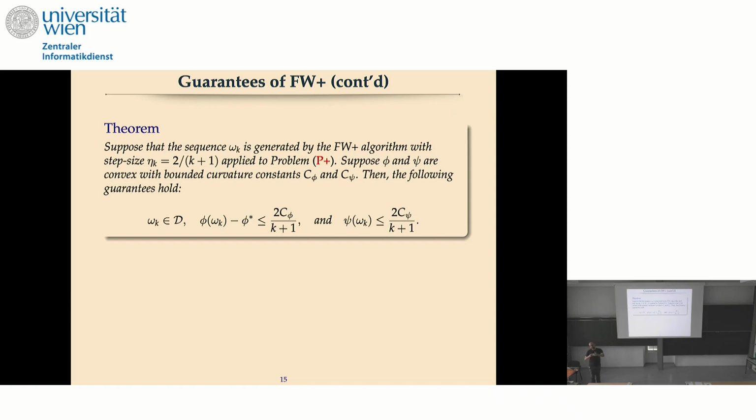If the functions are convex, then Frank-Wolfe plus is working at a relaxation instead of a restriction. So the estimates are not necessarily feasible, but we have an error term that goes to 0, and when this is 0, it becomes an asymptotically feasible point.